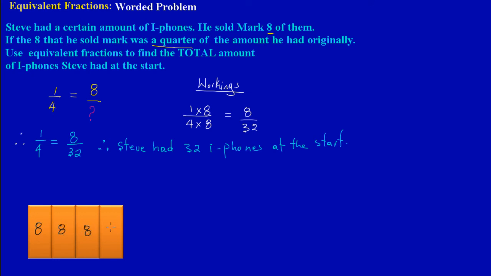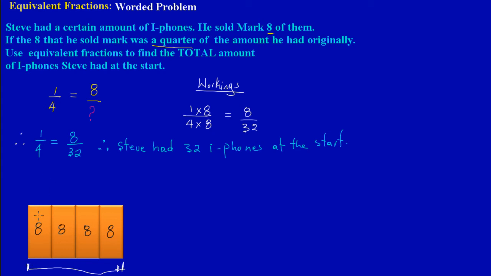Okay, 8 iPhones. So from here to this distance here, I would have 8 plus 8, which is 16, and 16 plus 8 is 24, and 24 plus 8 is 32. But it said that he gave away only a quarter.